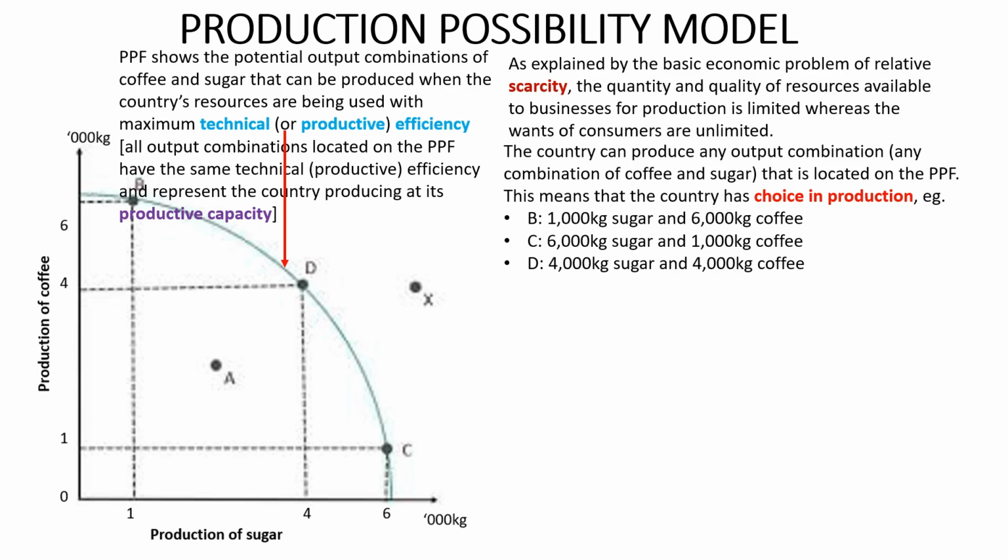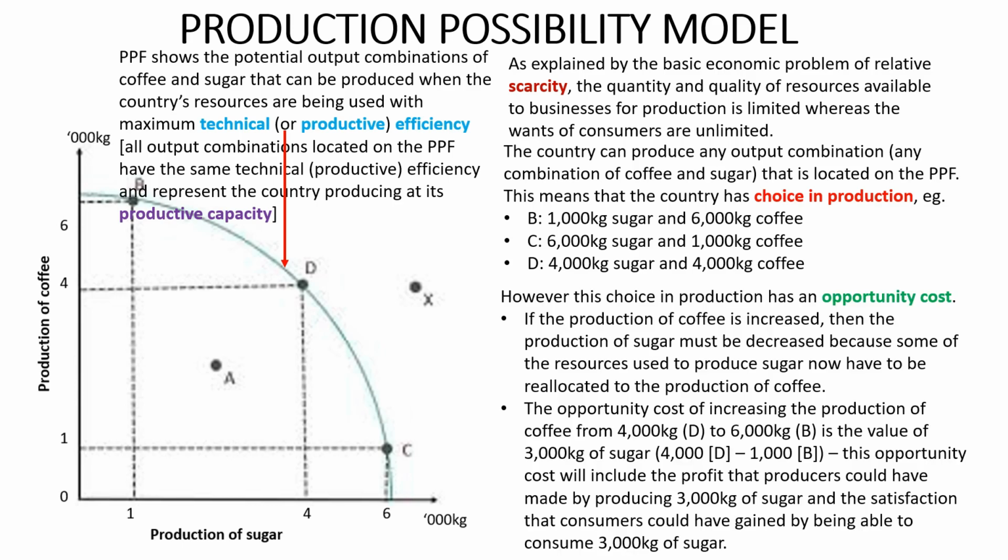And, as you know, every economic decision has an opportunity cost. This is because where resources are limited, deciding to use those resources to produce one particular type of product means that those resources are not available to be used to produce another type of product.